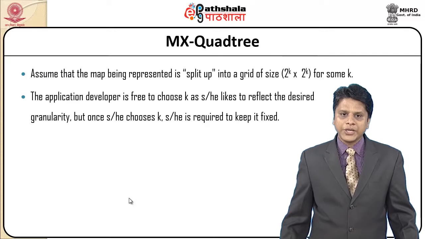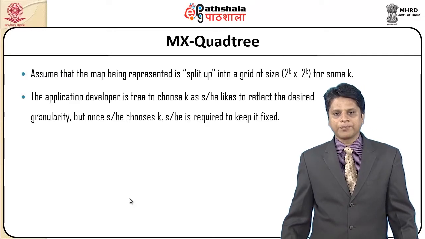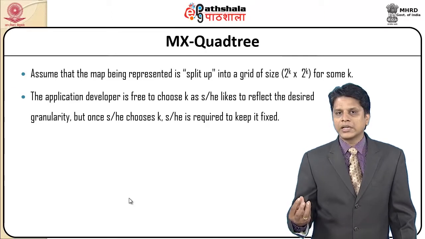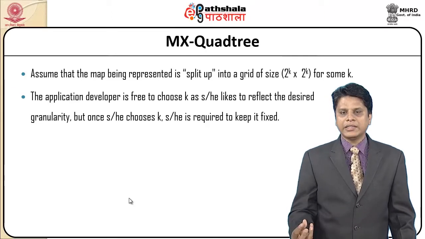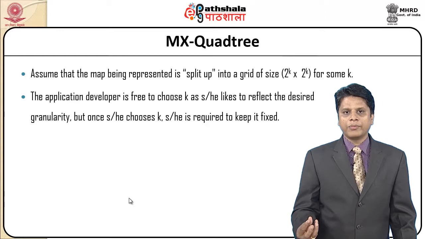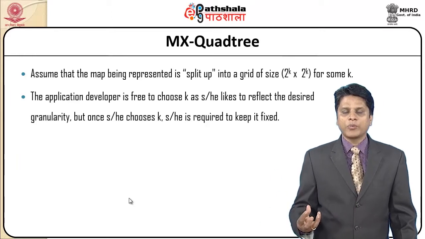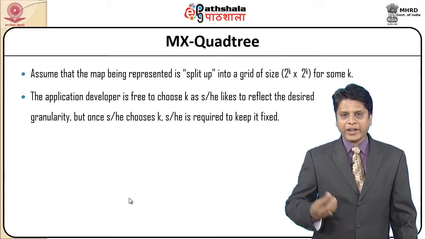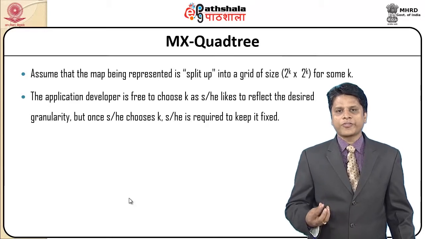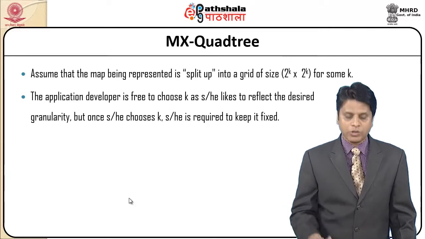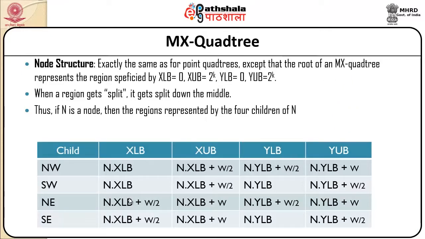But once he or she chooses the value of k, it must be kept fixed. When we want finer granules, the value of k should be larger, and then we get the maximum granularity. So, this table represents the complete node structure.